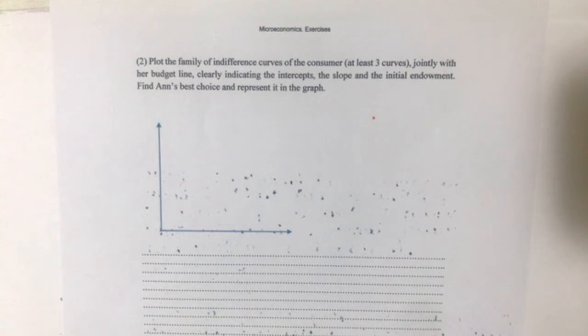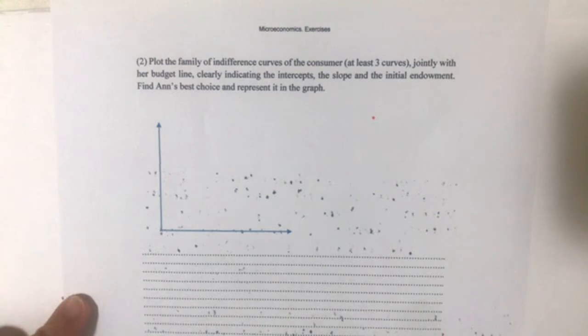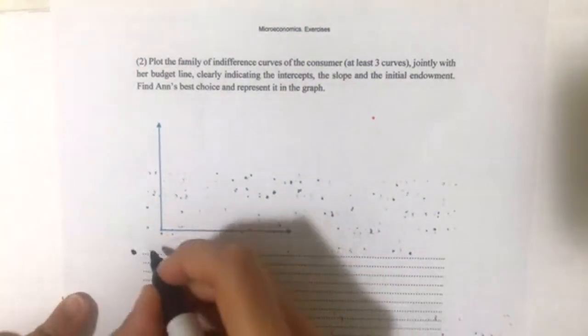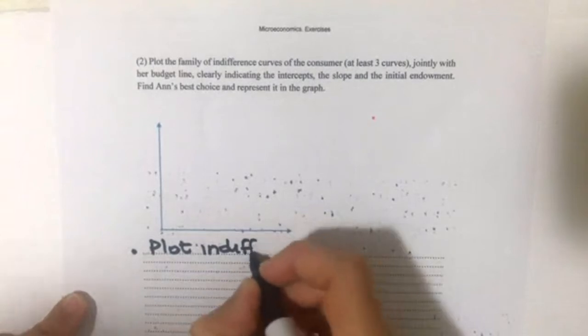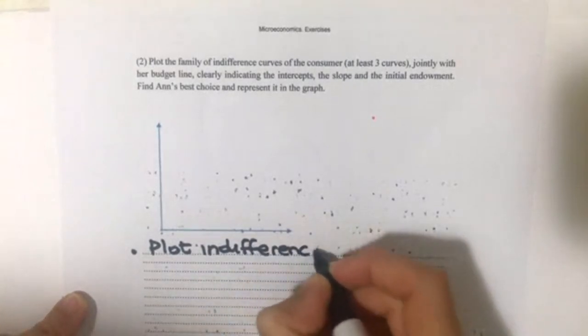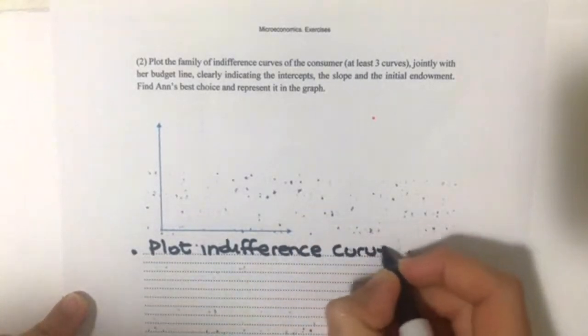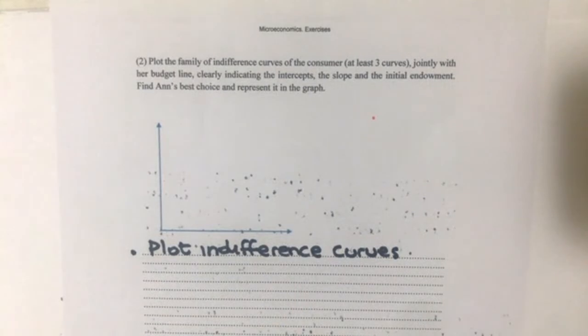Okay, so first of all, we start from the indifference curves. Okay, plot indifference curves. In order to draw them, we have first of all to understand what their shape is.